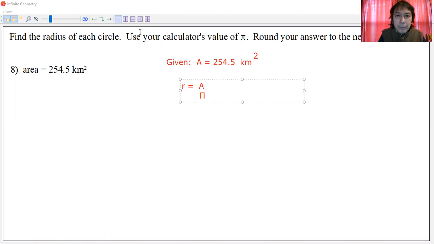Okay, and the square root of this. Okay, it's like that. This is our working formula. And so r is equal to 254.5 divided by the value of pi.